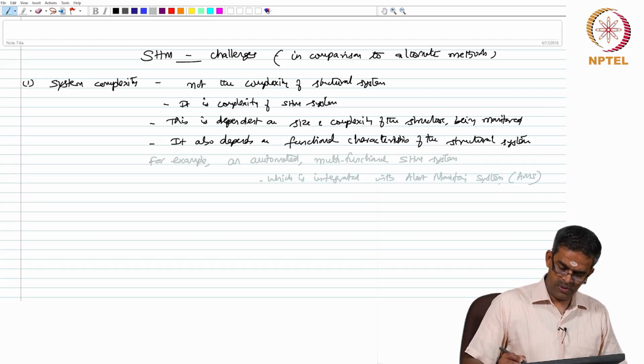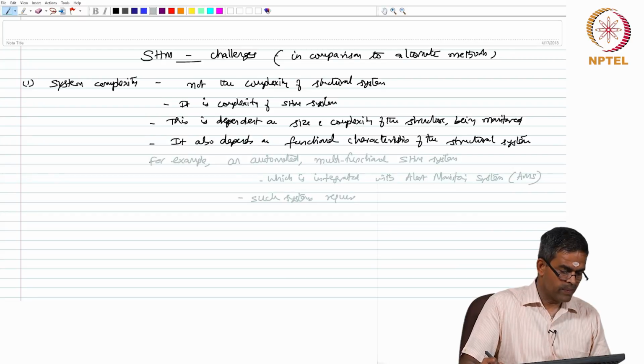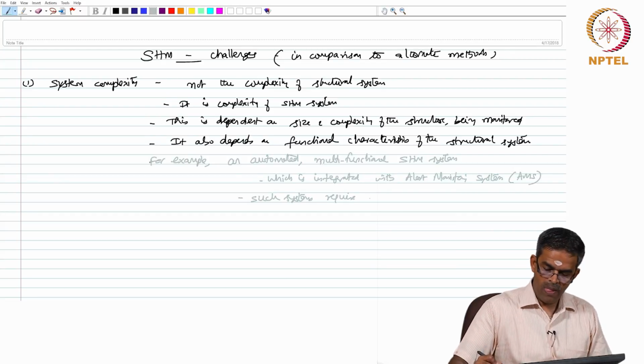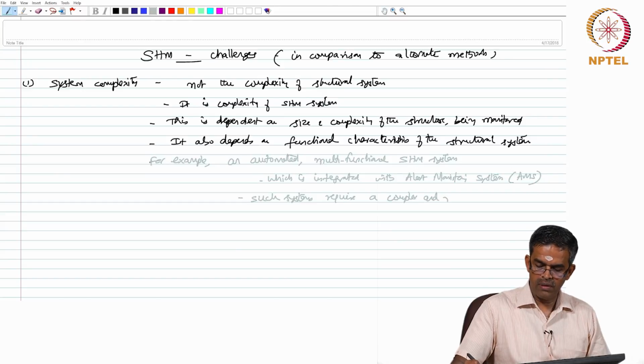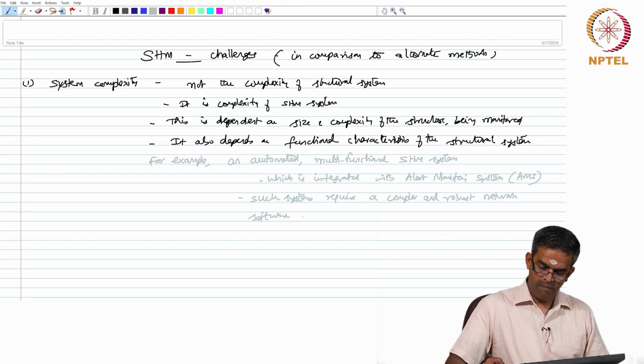Now, such systems require a complex and robust network software which is highly complicated.